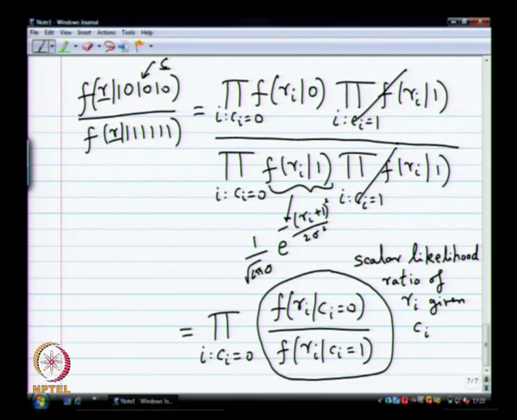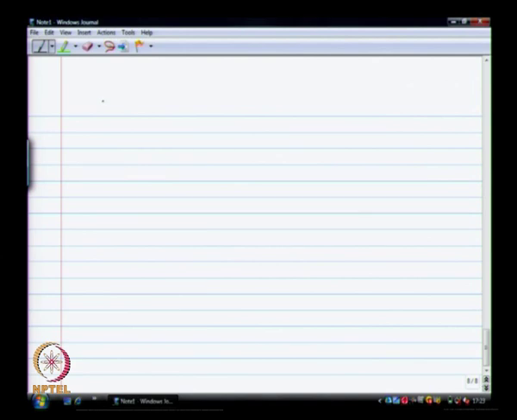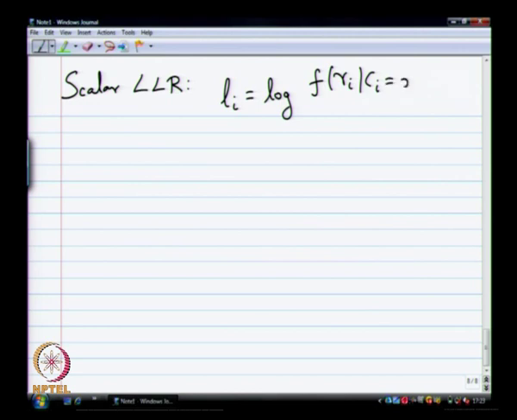Okay, so let's introduce this notation. We will use the scalar LLR, which is basically small l_i. It is the logarithm of f of r_i given c_i is 0 divided by f of r_i given c_i is 1. For BPSK over AWGN, it will cancel very nicely.